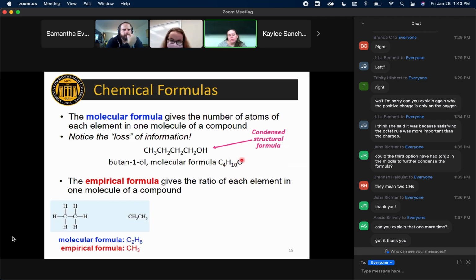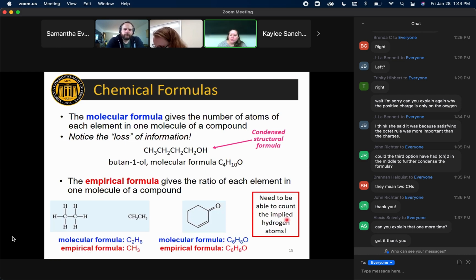So we have multiple molecules that could fit this definition. The empirical formula is just the ratio of the elements, as opposed to the molecular formula, which is the actual element count for each molecule. We will almost never use the empirical formula in organic chemistry, but I didn't want to leave it out. The empirical formula can sometimes match the molecular formula, so that's something else to be aware of.